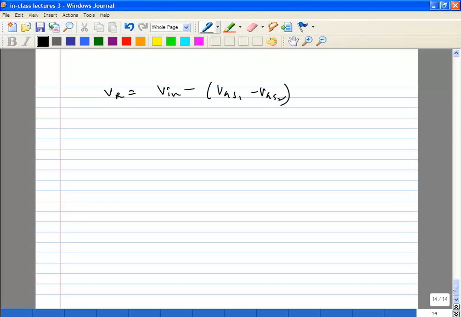So it's Vn minus of VGS1 minus VGS2. So the signal is going to cause that delta VGS between 1 and 2.